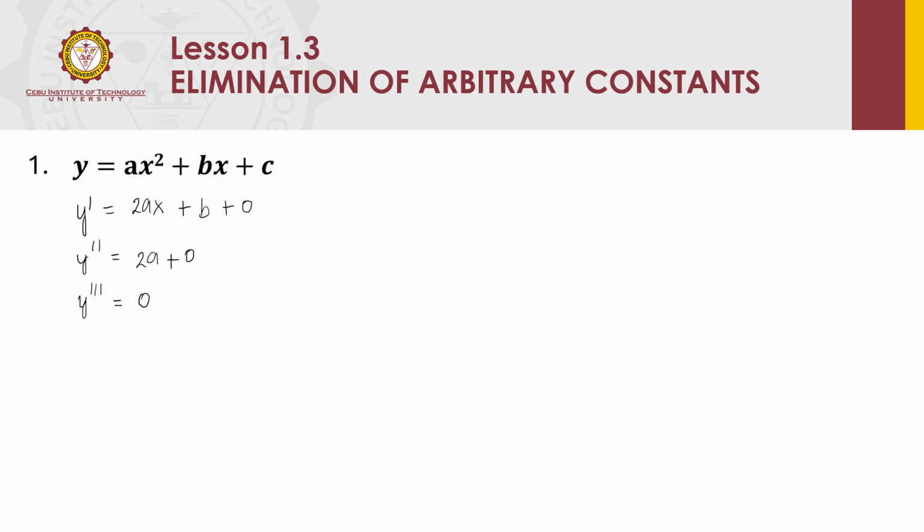So we already have this third order differential equation. The number of arbitrary constants is now equal to the order of the differential equation. This is the direct approach: differentiating the given relation to the third derivative to get the corresponding differential equation.